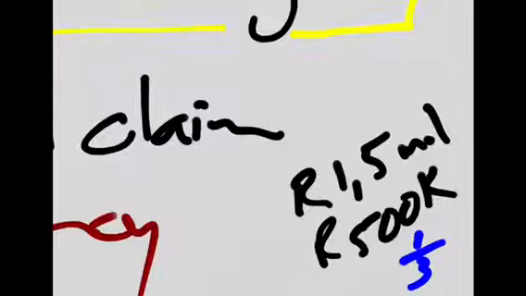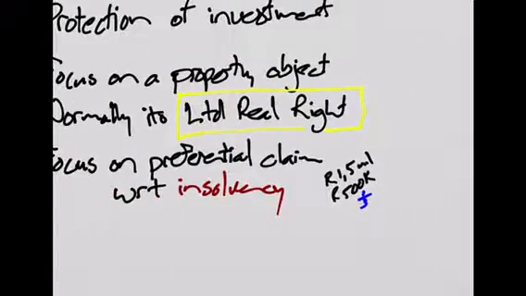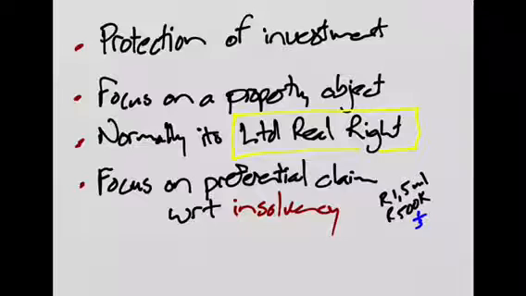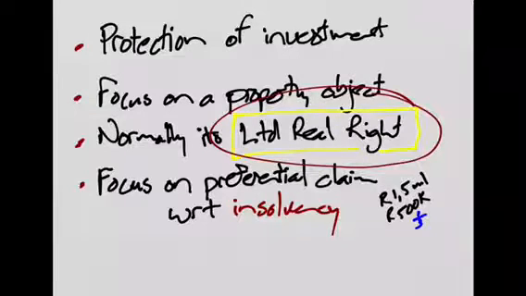So, how can anyone be in a better situation? Well, it comes back to the fact that we have a limited real right. If someone lends you money and you give that person limited real right to some sort of property object, it means that that person obtains a preferential claim.